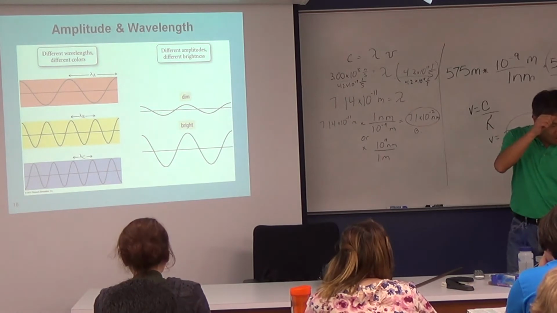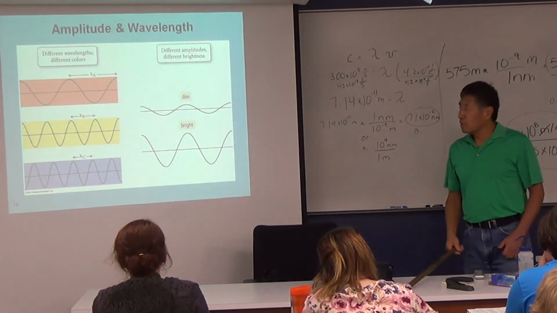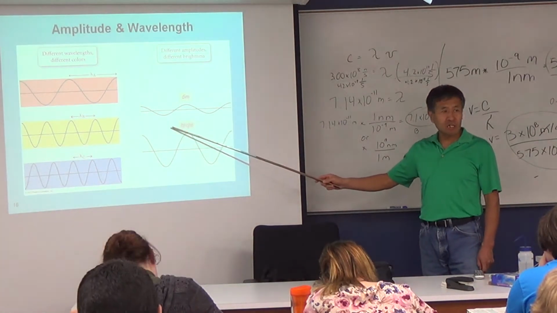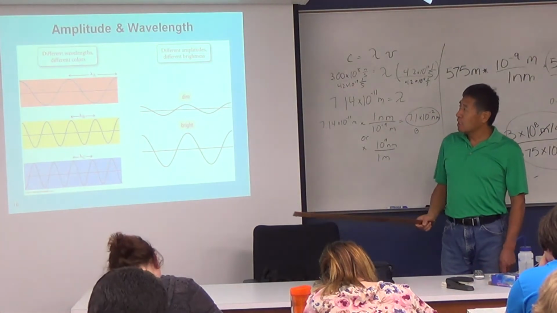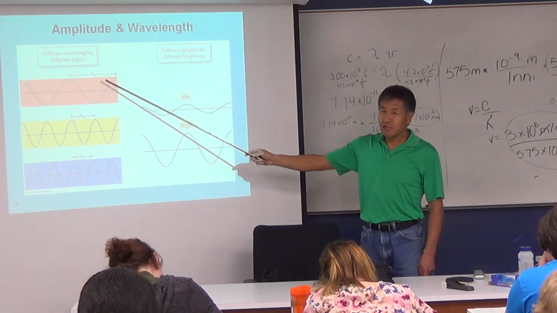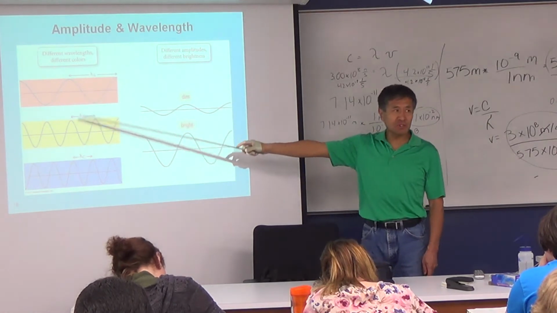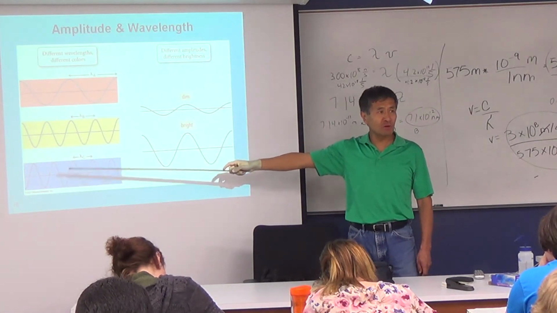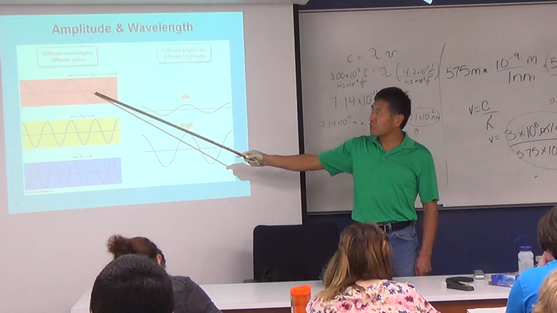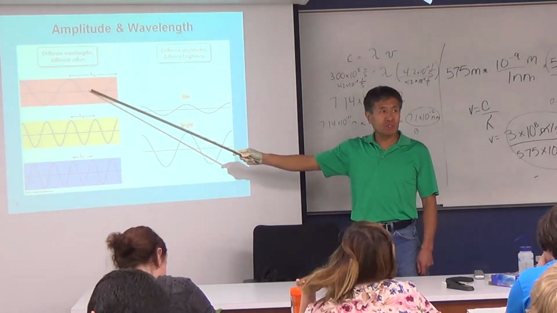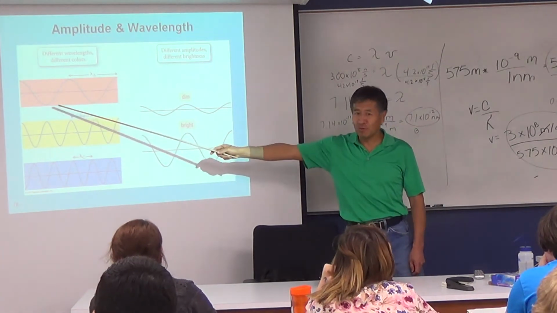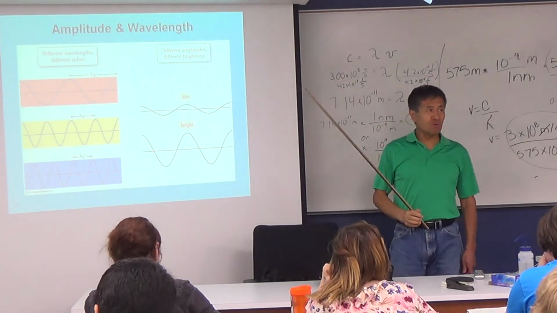All right, and so that's about one connection. Another connection is the amplitude, as we talked about before, which is about brightness and dimness. Again, color and wavelength match in these three examples of colors for visible light. We see this in the background, this is red. Red has a longer wavelength, so this wave has a longer wavelength.